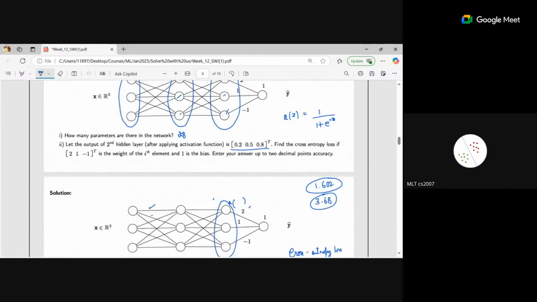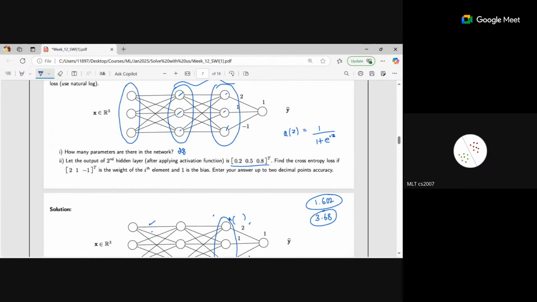What was given to us is that the output of the second hidden layer is 0.2, 0.5, 0.8. And we have to use the cross entropy loss, where the bias that we have to take is 1. And the weight is given to us, which is 2, 1, minus 1.